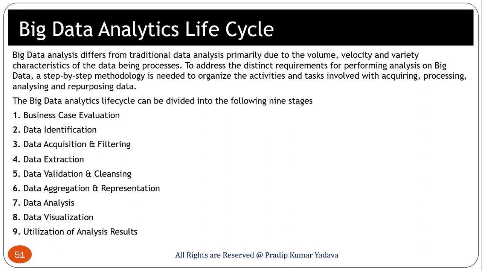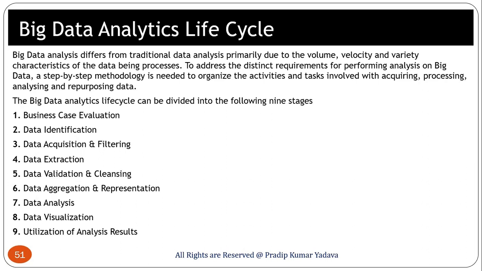By these stages you can also understand the meaning of data identification, which means we have to identify the data. Data acquisition and filtering means we have to filter the valid data, because not all the data we are gathering is required or correct. So in this procedure we have to filter the good, valid data.